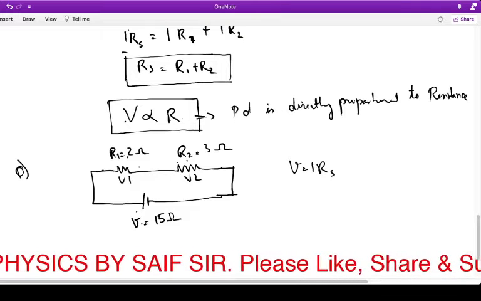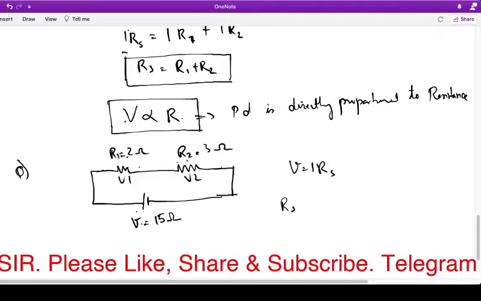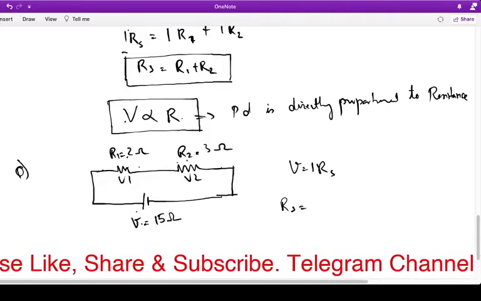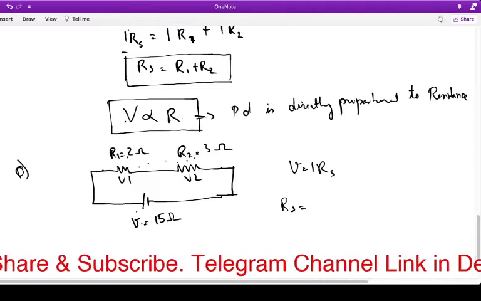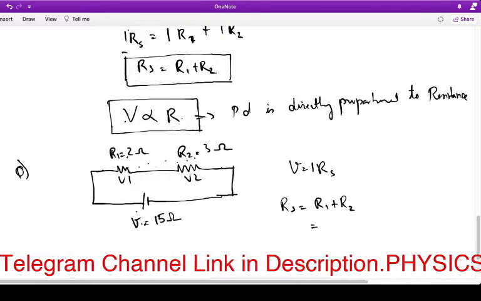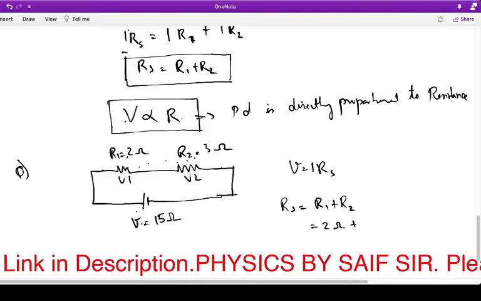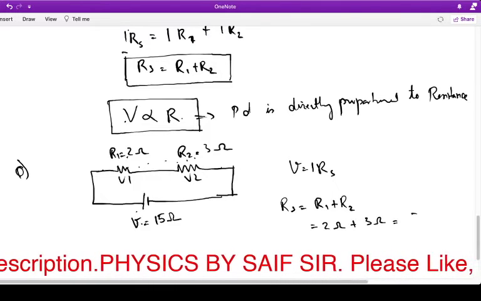We know V, and first we will find RS. As these are in series, both resistances can be added. RS is equal to R1 plus R2. R1 is 2 ohm, R2 is 3 ohm. You will get 5 ohm here.